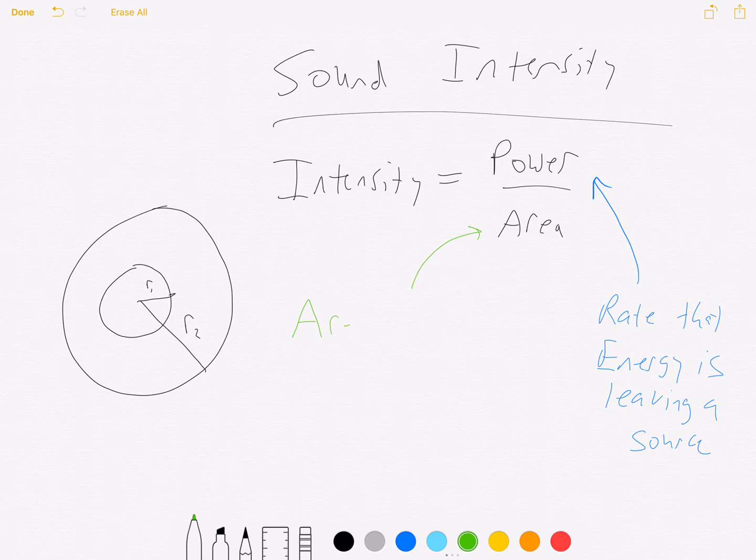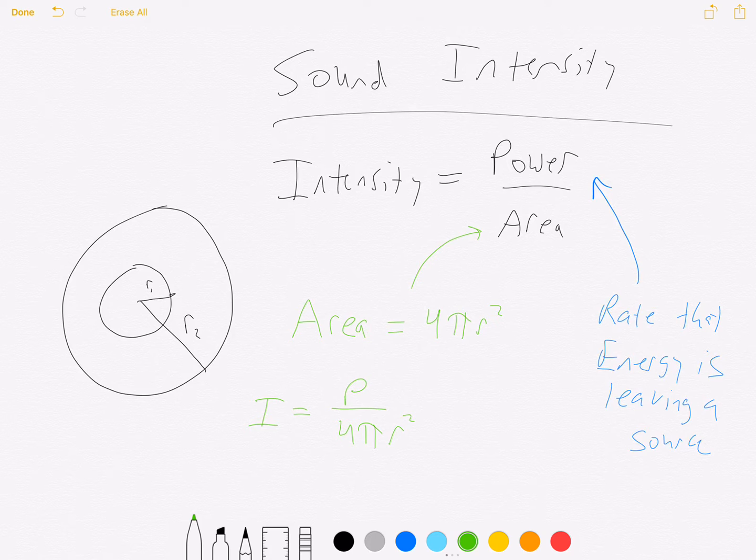The surface area of a sphere is given by 4 pi r squared. Okay, so when we divide, we get intensity equals power over 4 pi r squared.